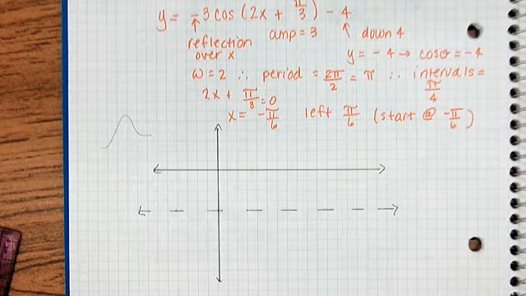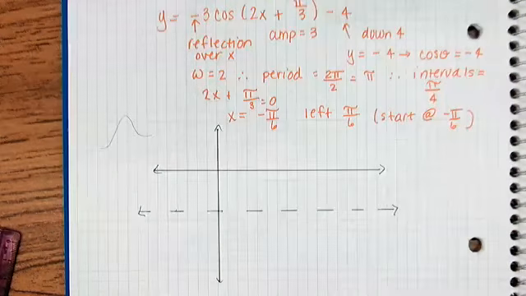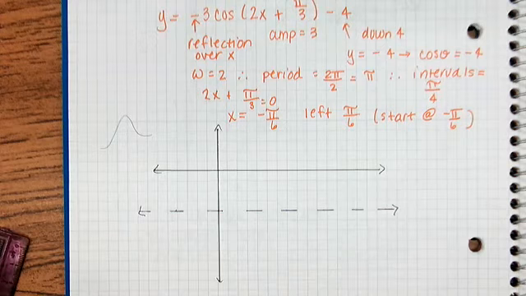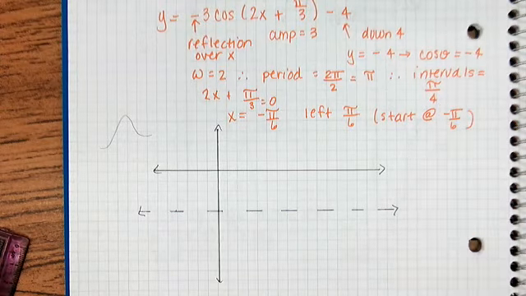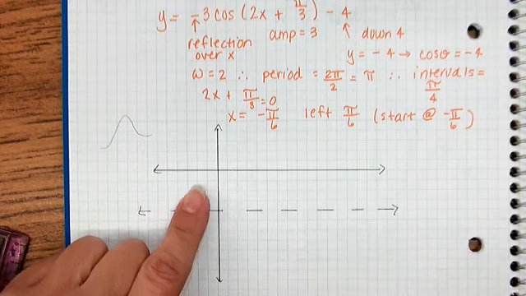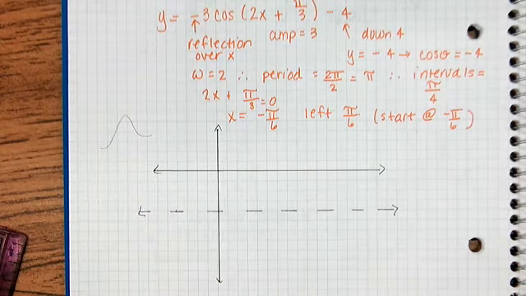Okay, I start at negative pi over 6. And my intervals are pi over 4. So if I start at negative pi over 6 and my intervals are pi over 4, the common denominator there is 12.